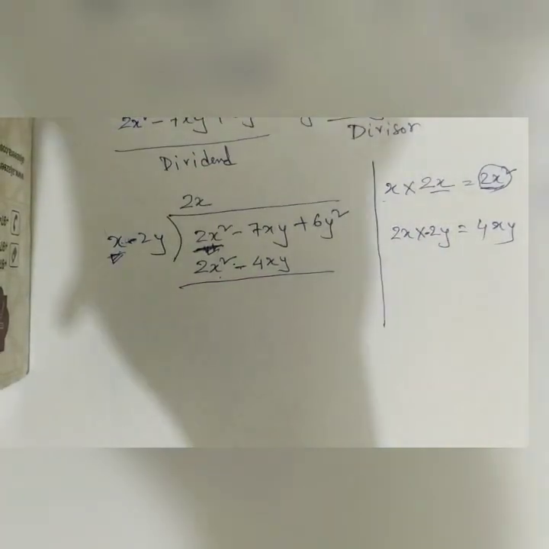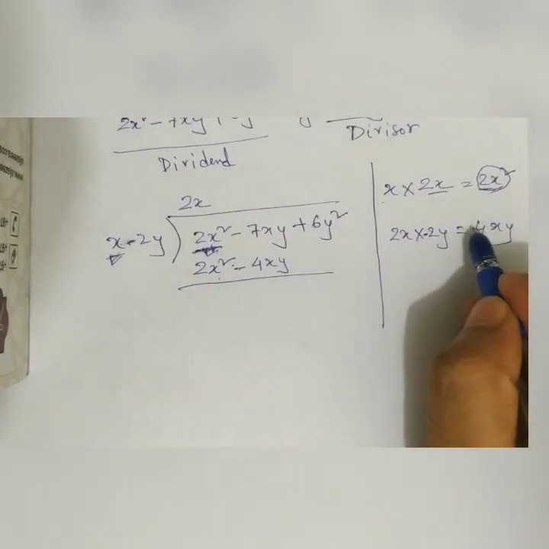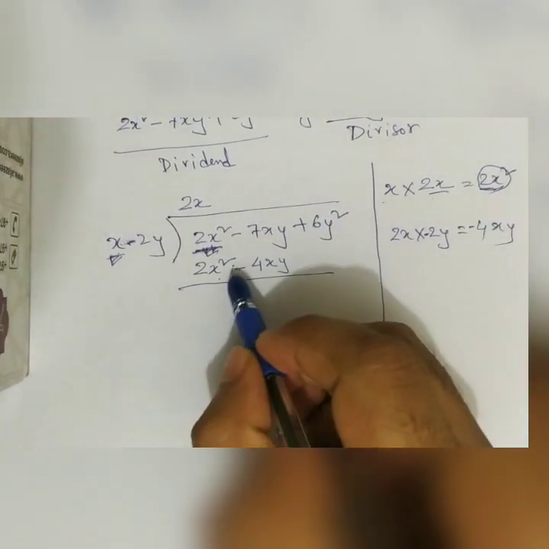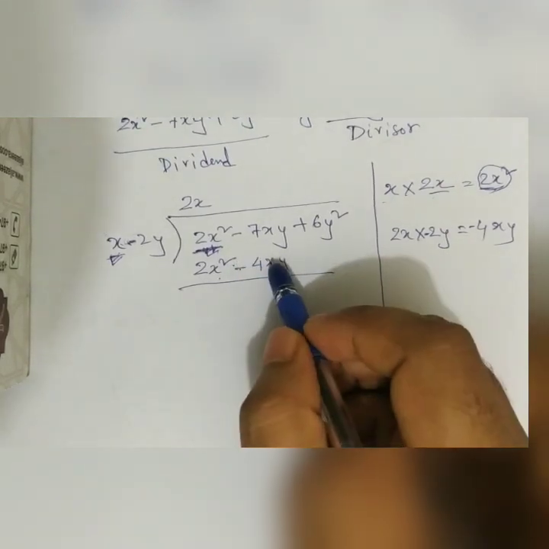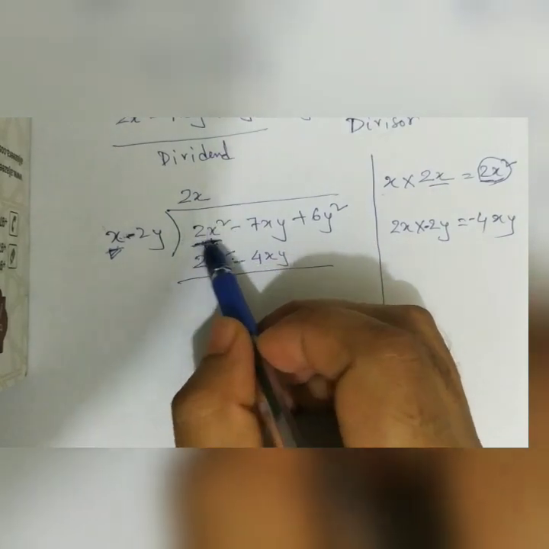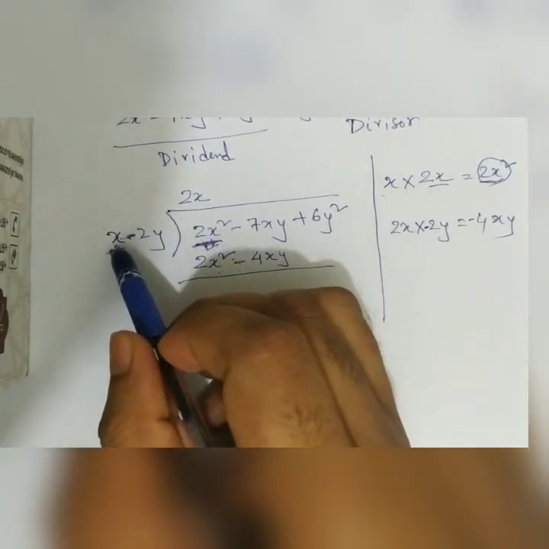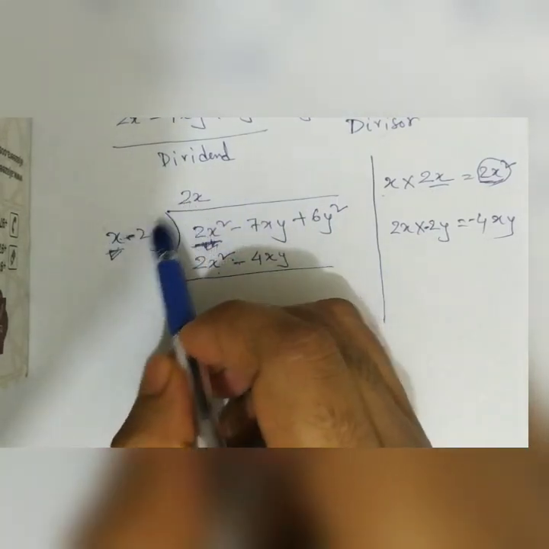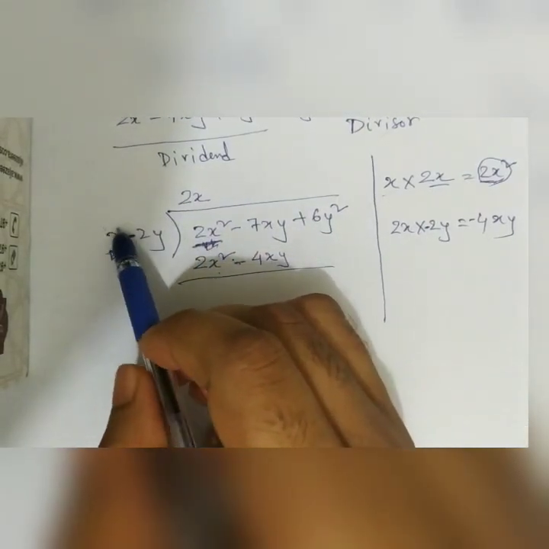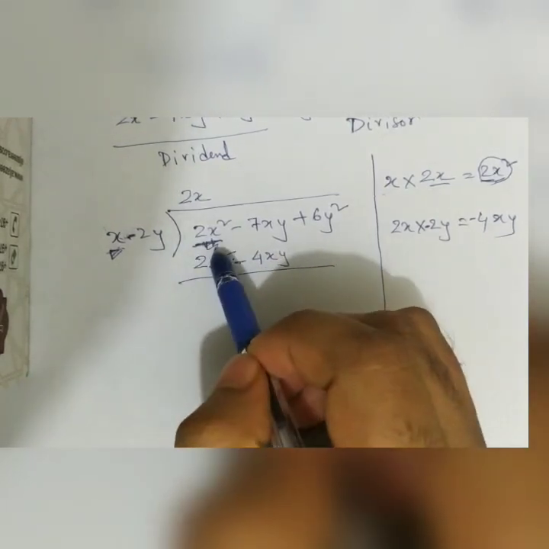2x into minus 2y is minus 4xy. So that's why I have written minus 4xy. So what is the normal rule? First of all, I need to check the first term over here and the first term over here. I need to divide both of these. I need to find a term by which I will multiply x so that I can get this same term, that is 2x square.